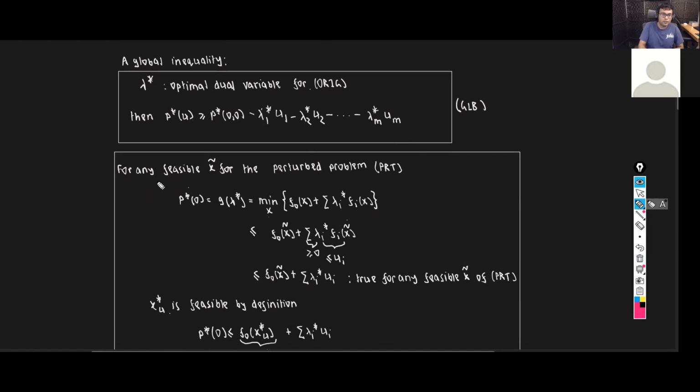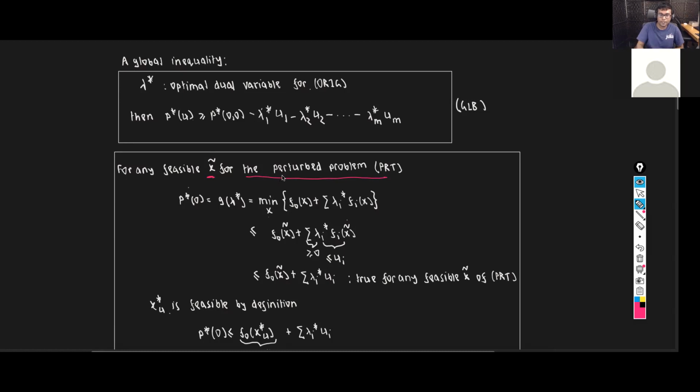Now suppose we have some feasible x tilde for the perturbed problem, not the original problem. And we want to connect this feasible x tilde with our unperturbed problem. For simplicity, we will assume that the problem is convex, the primal solution exists, and the primal optimal value is finite.